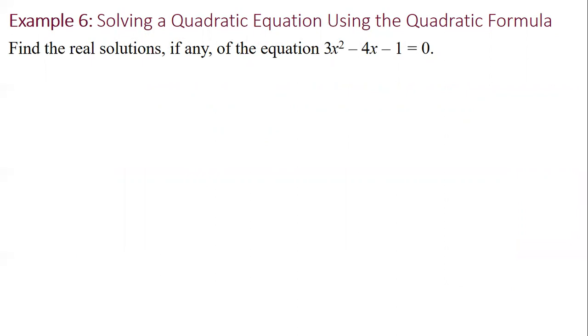Here, could you solve this by completing the square? Why, yes, you could, but it's going to get messy because you're going to end up working with a fraction. And are thirds that nice to work with? No, not really. Could you do X box or grouping? Yes, you could, possibly, if there is a factor of -3 that will give you -4, which is -3 and -1.